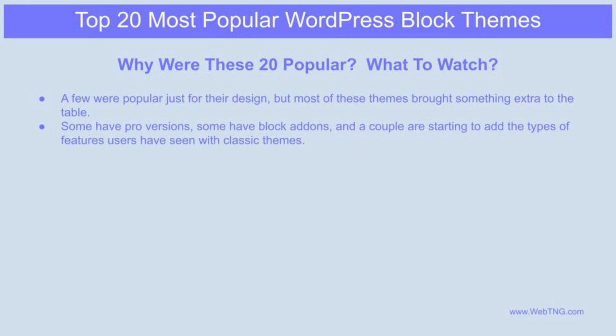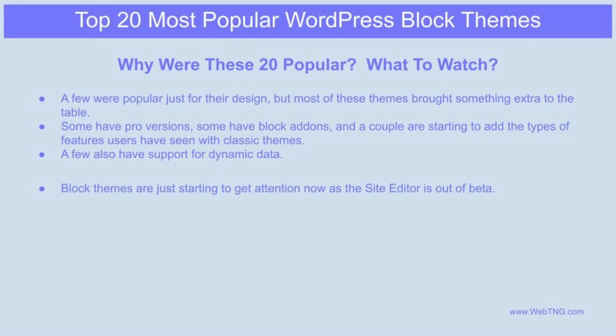A couple of the block add-ons started to bring back the kind of features people are used to seeing in classic themes, and I think that'll probably expand more. A few of the block add-ons supported custom fields and dynamic data, and these can be leveraged in the site editor to build advanced templates.